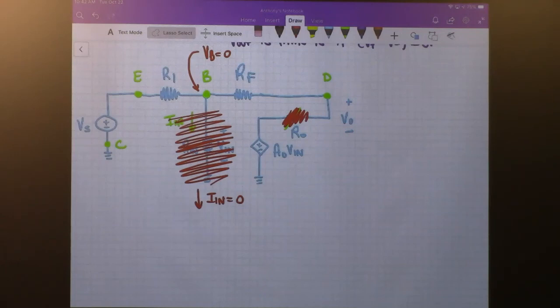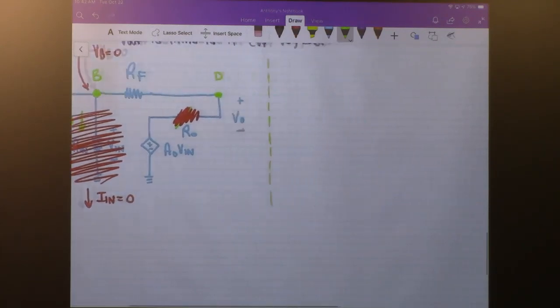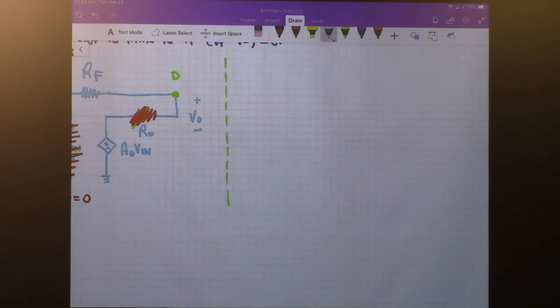It's 10:42. All right, so the last thing we'll do is draw this circuit in a little bit of a nicer looking fashion. So let's take this circuit right here. I'll draw it a little bit smaller.